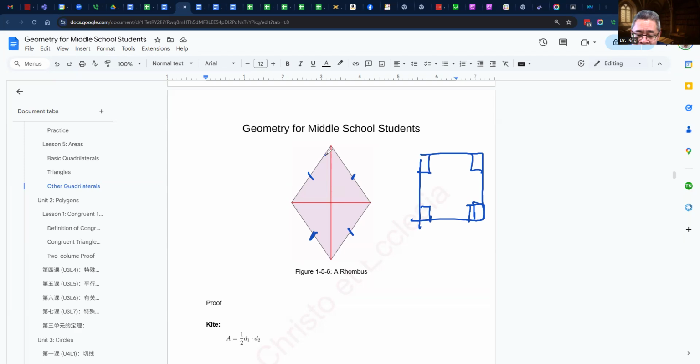So we get acute angles on two sides and obtuse angles on the other two. But it has the property that if you draw the line from this side, the left side and the right side are symmetrical. Or if you draw the diagonal here, then the top side and the bottom side are also symmetrical. Yeah, we good here so far?